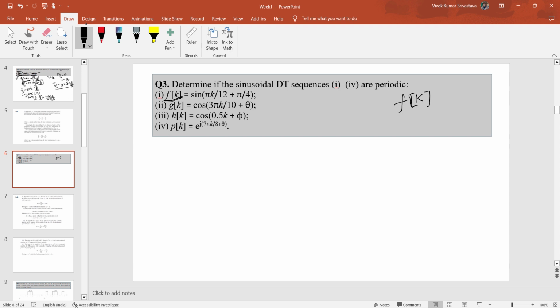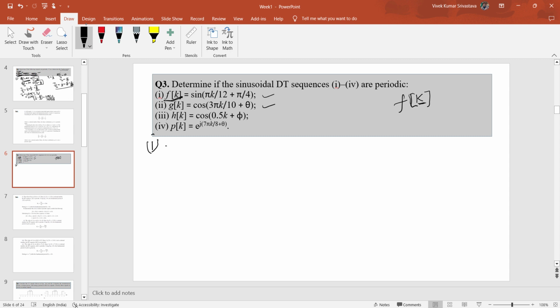This k is defined for discrete times only, which is 1, 2, 3 or any integer. Here we have to determine whether these signals are periodic or not, and if it is a periodic signal then we have to determine the fundamental time period of these signals. Let us see this problem.